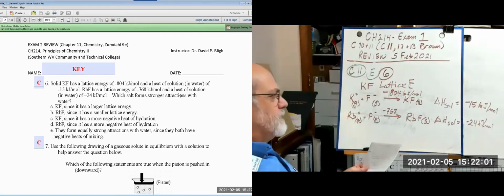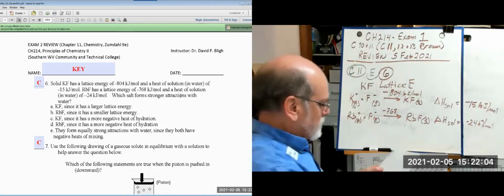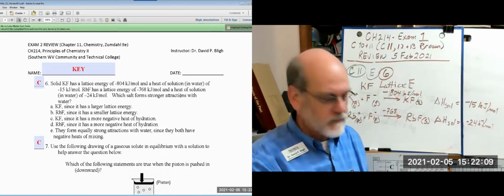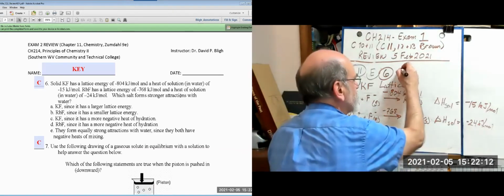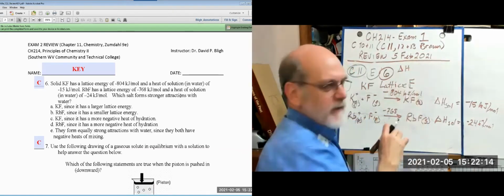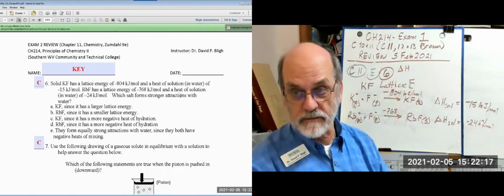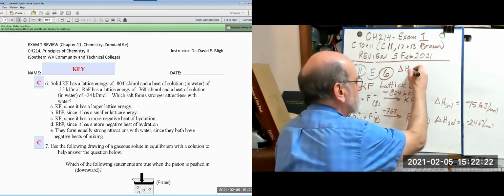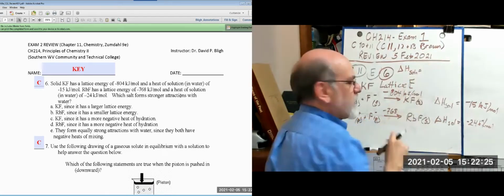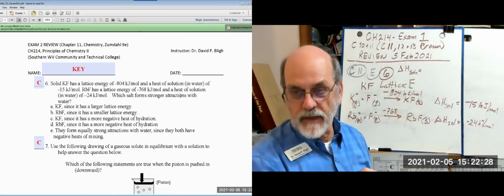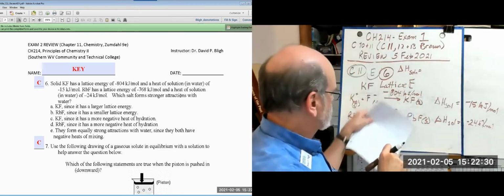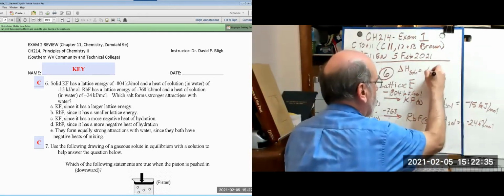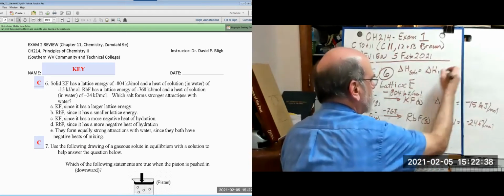All right. So remember our discussion in the lecture on chapter 11, where we said the formation process of a solution, which is expressed as the heat of solution, can be broken down into three parts. Right? One is you break up the solid. So this is the delta H1, where you break up the solid.